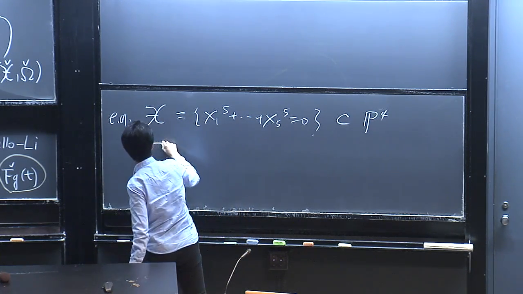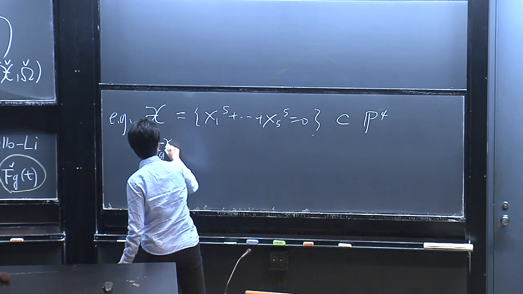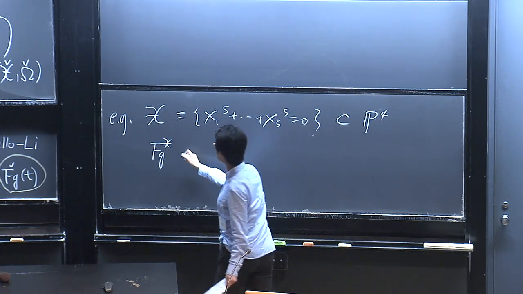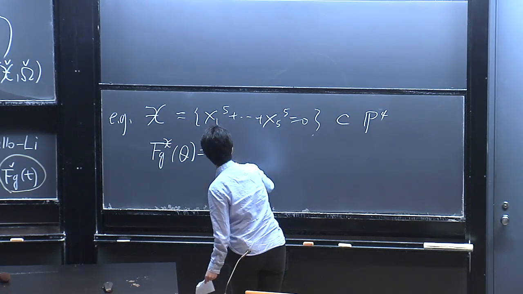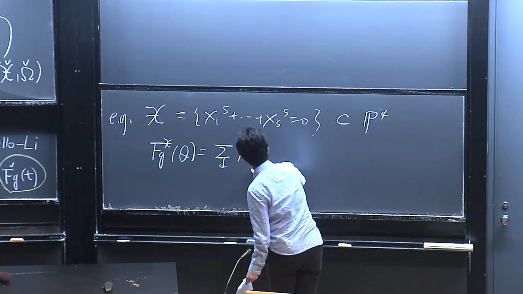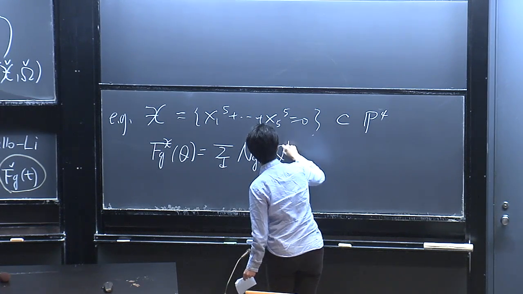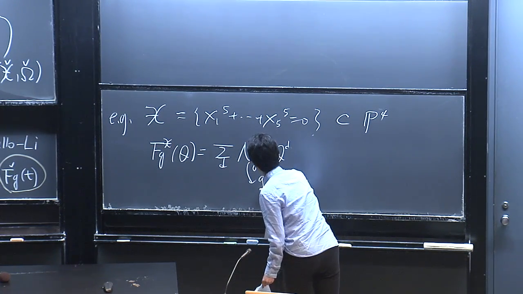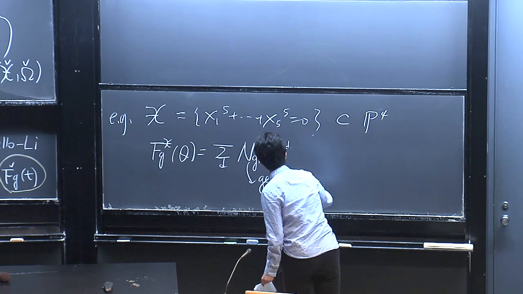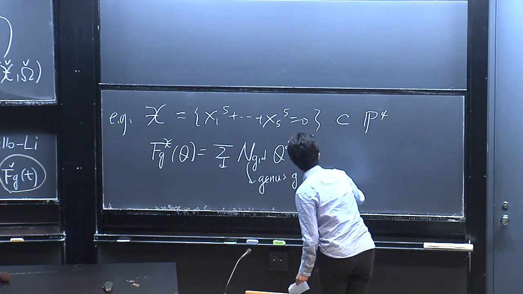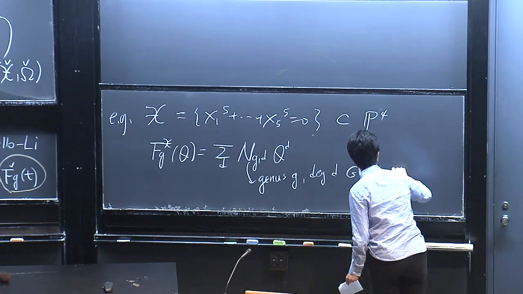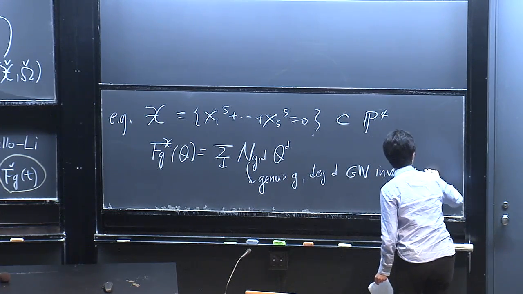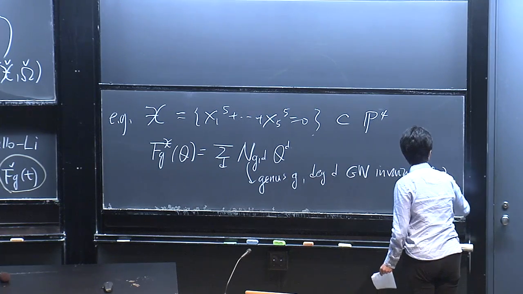In this case, F_g is a formal power series in one variable Q, whose coefficients are the genus g degree d Gromov-Witten invariants of the quintic threefold.